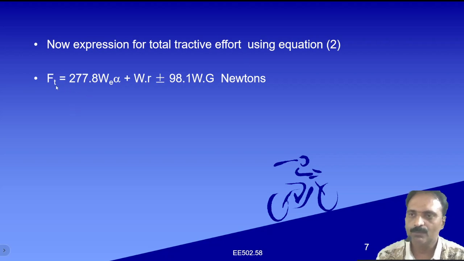Ft, the tractive effort, is equal to Fa, the component of force required to create the acceleration. Fa is equal to 277.8 W. Of course we have derived all these things in the previous slides. Plus Fr is W into R, the tractive effort required to overcome the resistance of the train, and plus or minus 98.1 W G. This is the force required to overcome the gravitational pull, and it is positive for upward gradient and negative for downward.